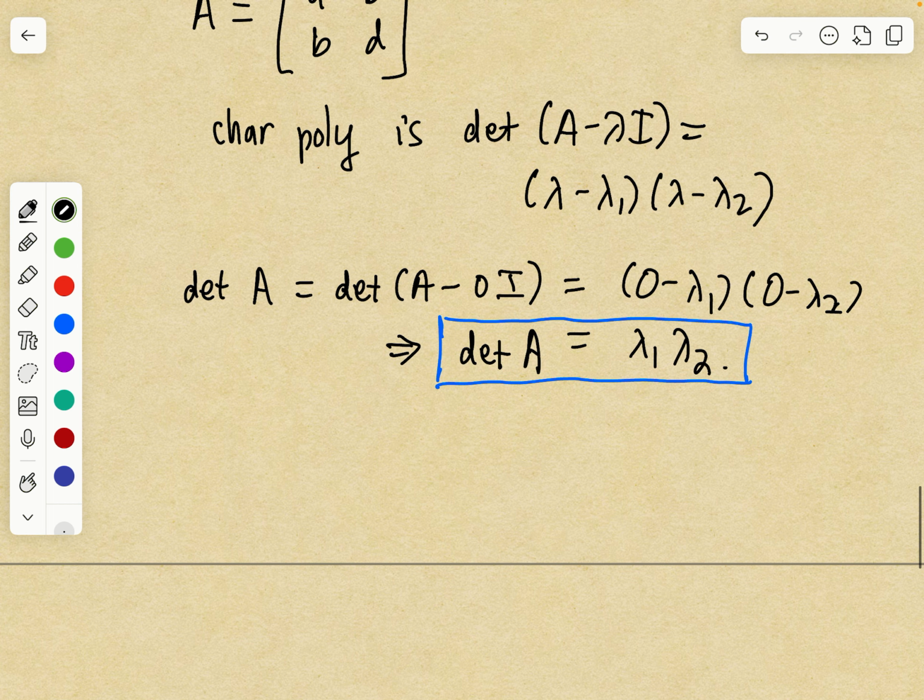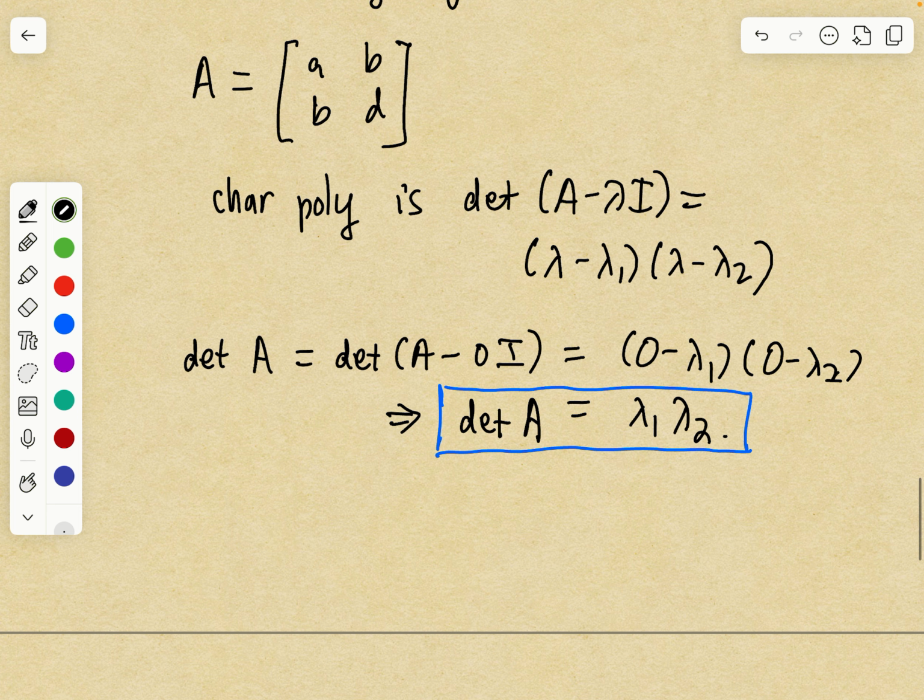Another fact that we'll need is what happens when you expand the characteristic polynomial. This is going to be equal to lambda squared minus lambda 1 plus lambda 2, times lambda, plus lambda 1 lambda 2.